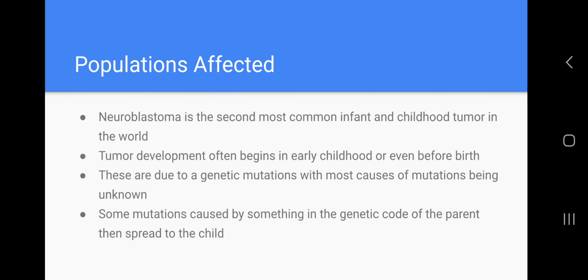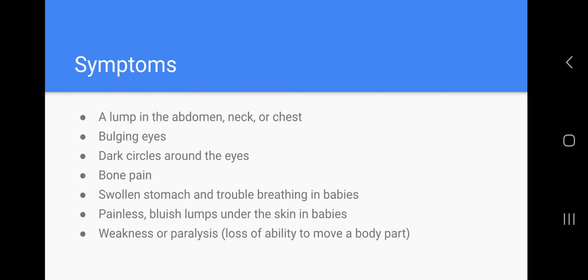So these are due to a genetic mutation, most causes of these mutations being unknown. They found some where it's something in the genetic code of the parent, and then that will translate to the child getting these mutations and then subsequently a neuroblastoma.